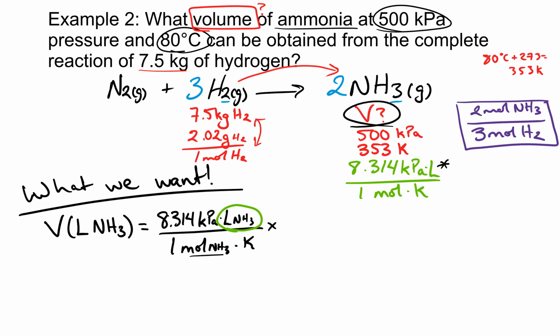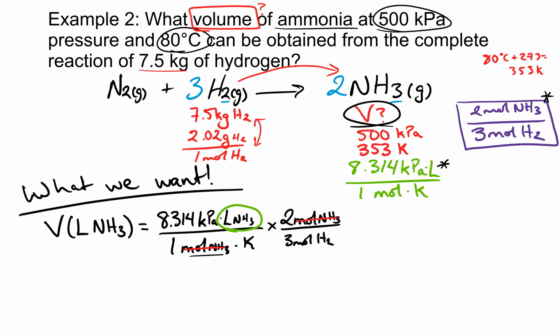Well, the way I cancel out moles of NH3 is by using our molar ratio. 2 moles of NH3 for every 3 moles of hydrogen. Perfect. We have now canceled out moles of NH3. Oh no! But we've turned it into moles of hydrogen, so we've got to cancel out moles of hydrogen somehow.